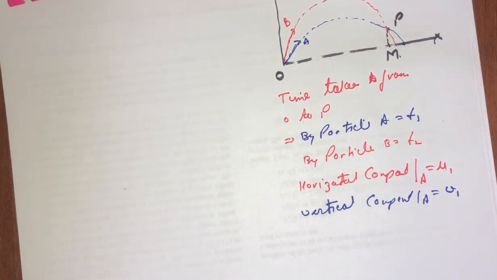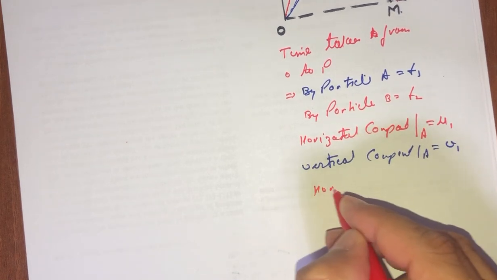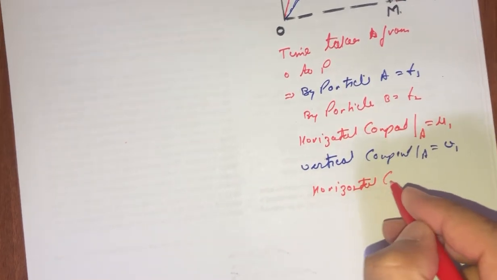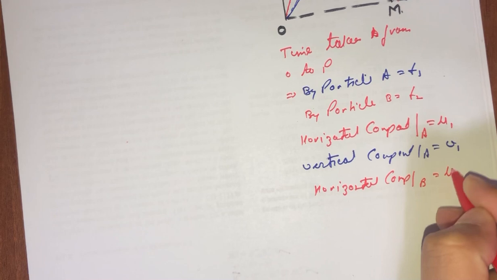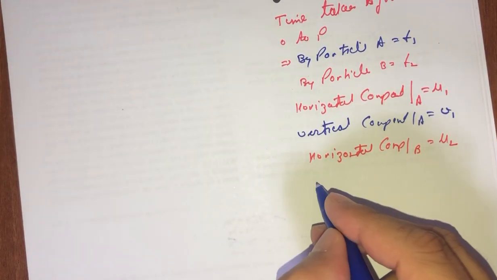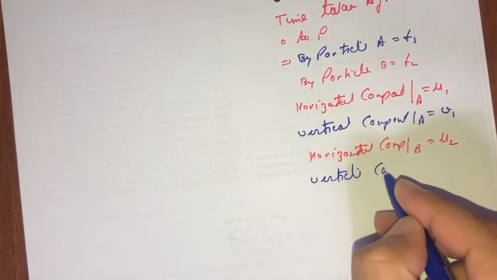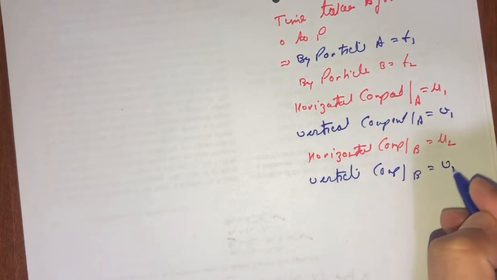Similarly, the horizontal component of B is given as u2, and the vertical component of B is given as v2.